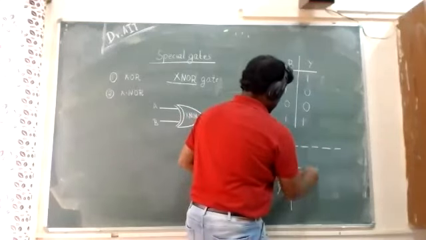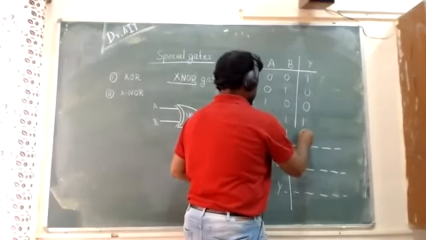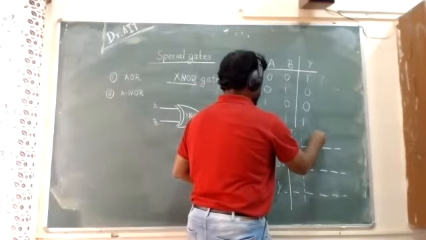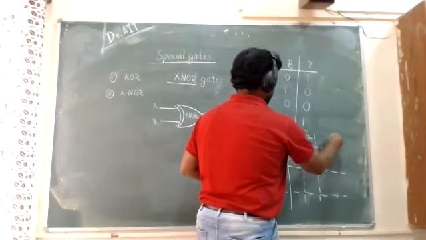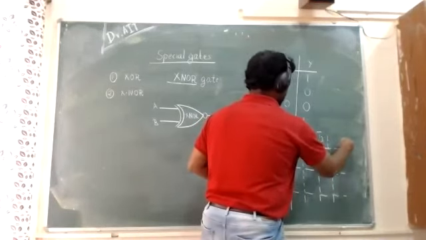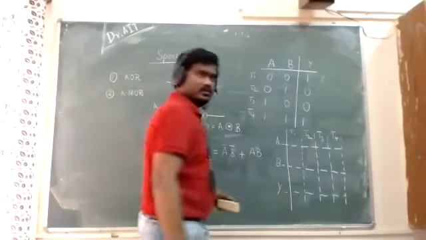In the first half cycle, that is T1, then I will represent T2, then T3, and then T4.